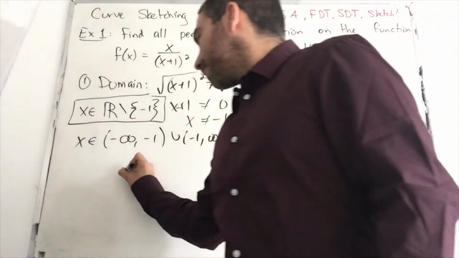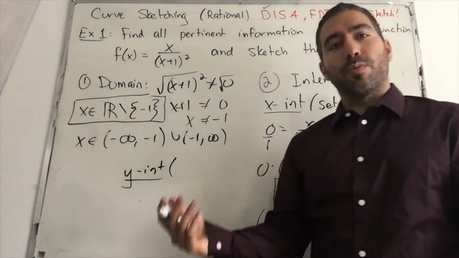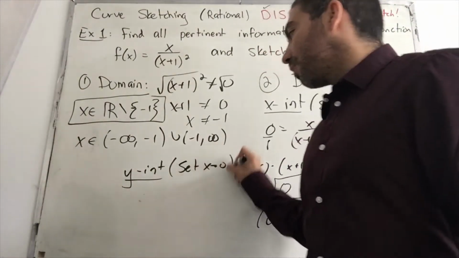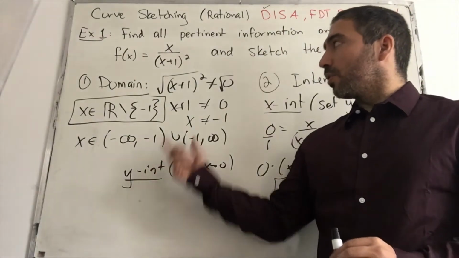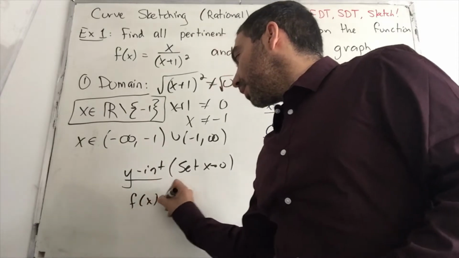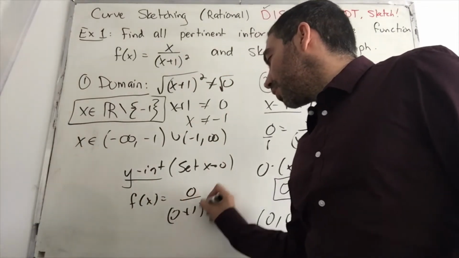Let's go ahead and solve for the y-intercept. How do we solve for the y-intercept? We just replace x with 0. Set x equal to 0, and we solve for y. Replacing all your x's with 0, we get f of x equals 0 on top over 0 plus 1 squared.